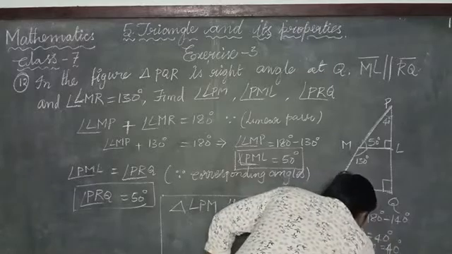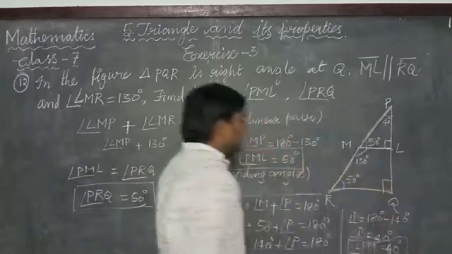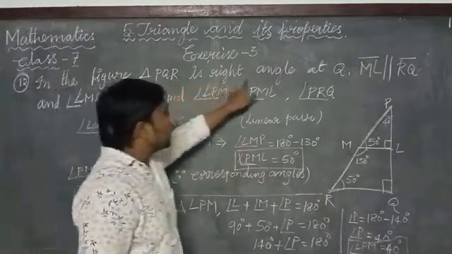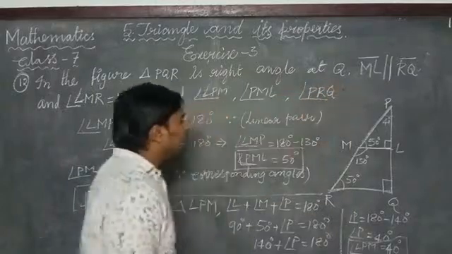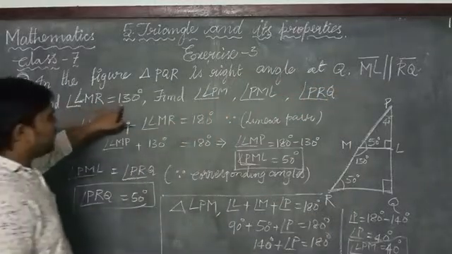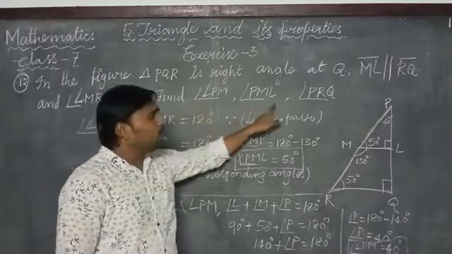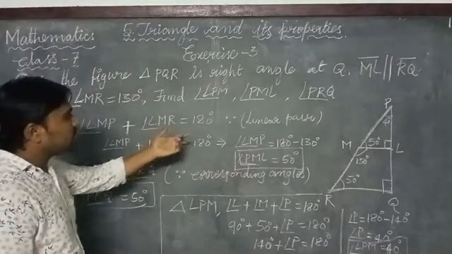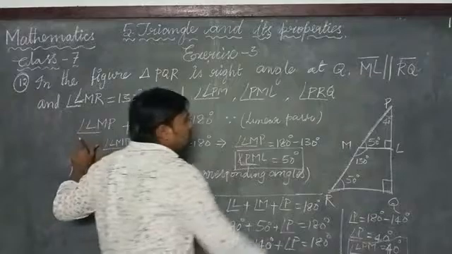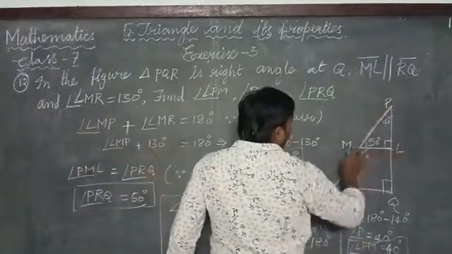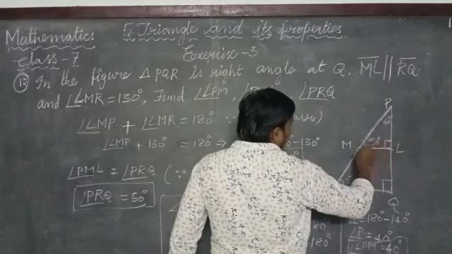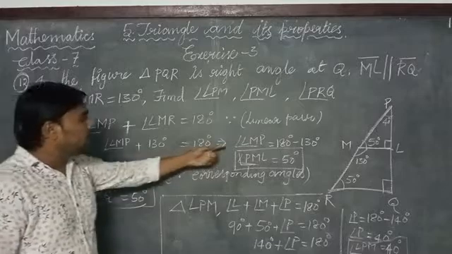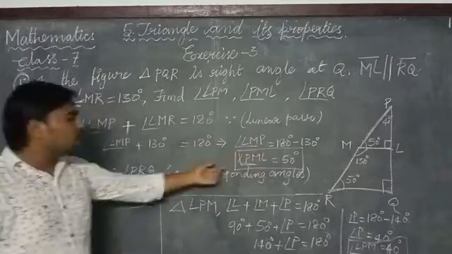In this way we can find out the given values. Once again, in the given figure triangle PQR, the right angle is at Q and line segment ML is parallel to RQ, and angle LMR equals 130 degrees. Then find angle LPM, angle PML and angle PRQ. From the linear pair of angles, the sum of angle LMP and angle LMR equals 180 degrees. From that we can write angle LMP equals 50 degrees, which is also known as angle PML.